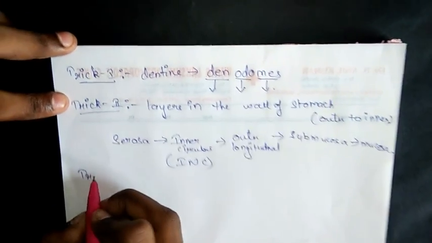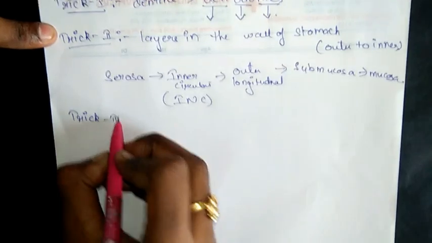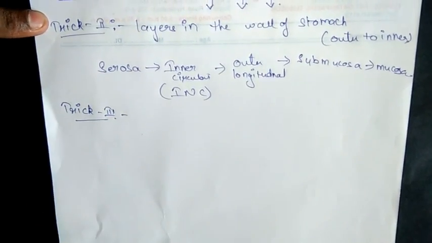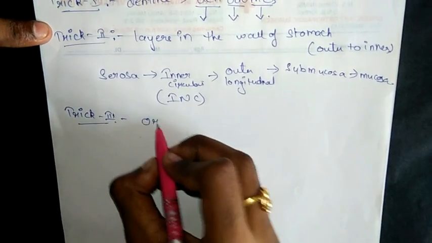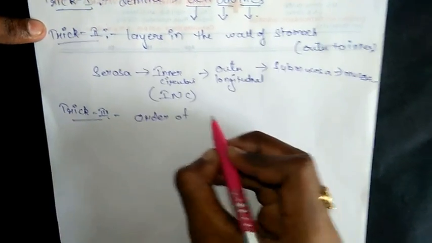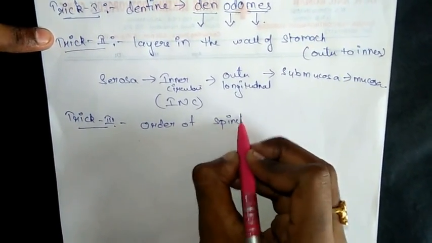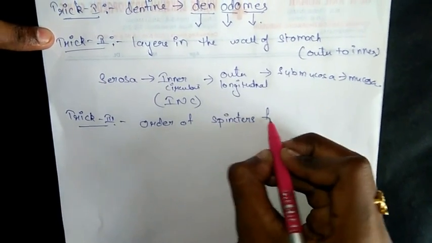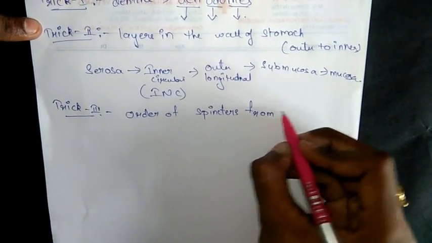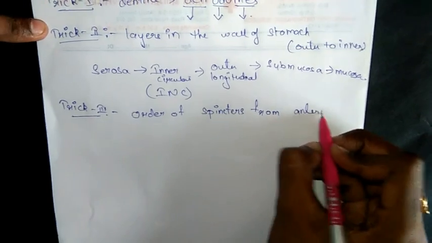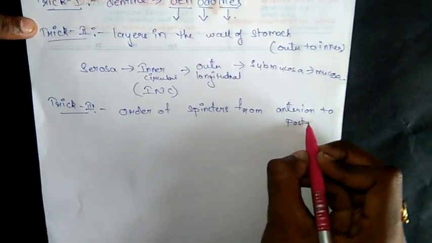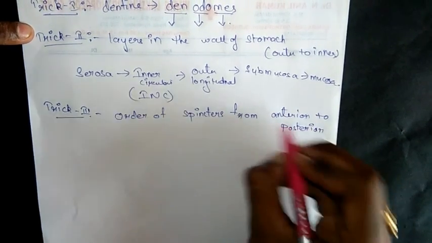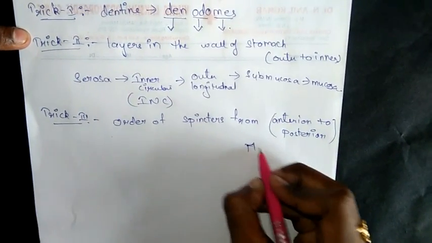And the third trick is to remember the order of sphincters, from the anterior region to the posterior region, mouth to anus.